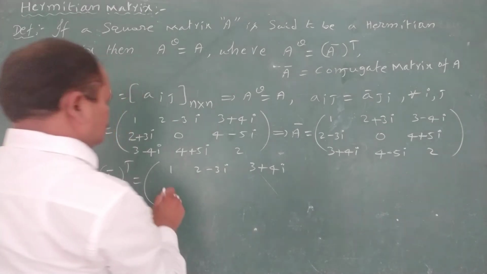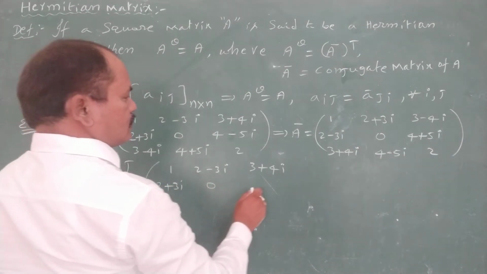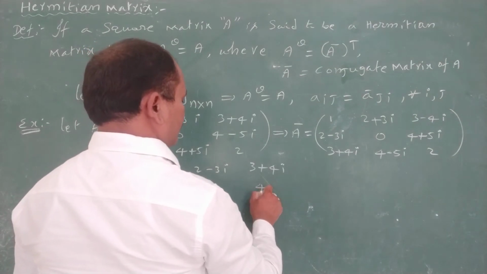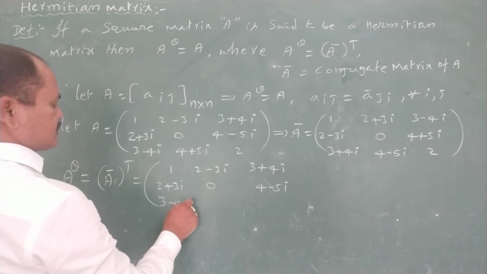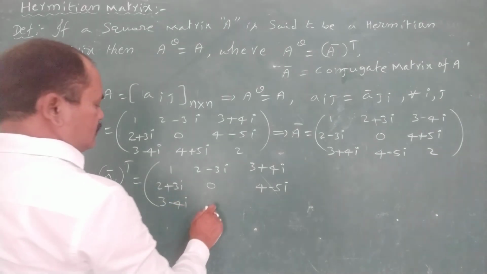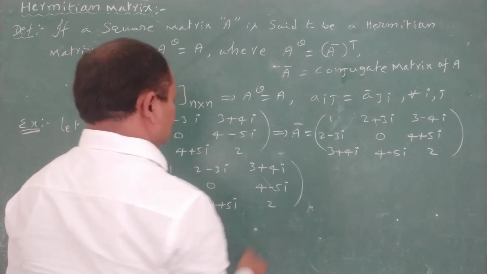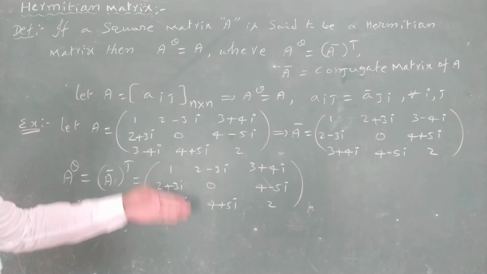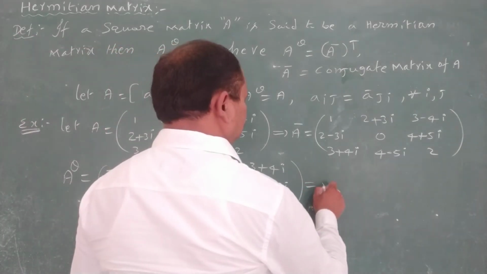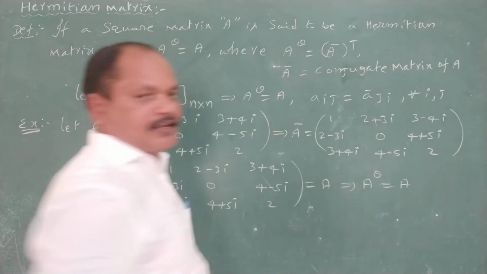Now second column: 2 plus 3i, 0, 4 minus 5i. Third column: 3 minus 4i, 4 plus 5i, 2. That's all. These two are the same, so we get A. That's why A power theta is equal to A.